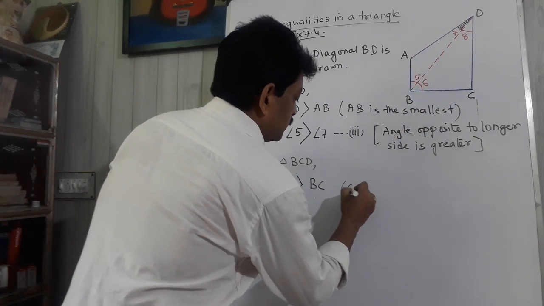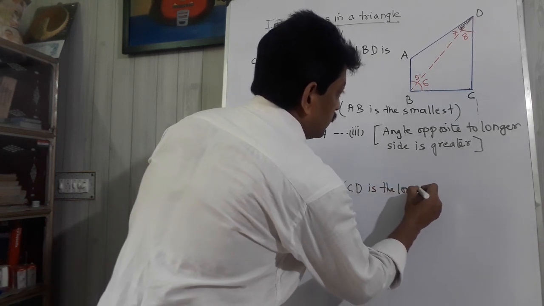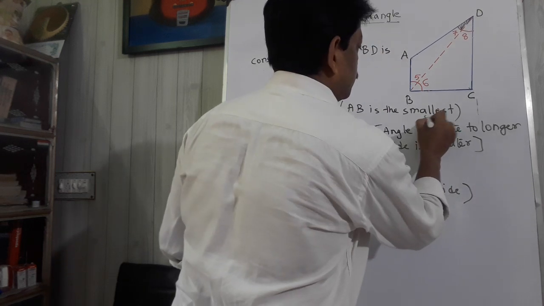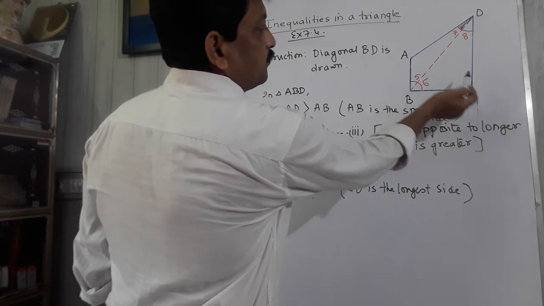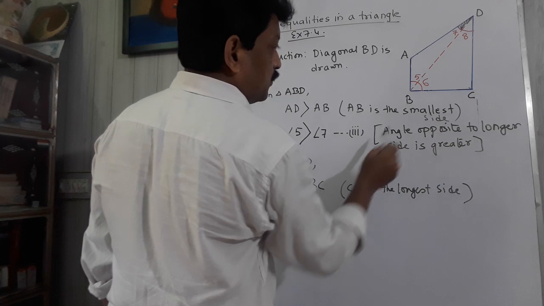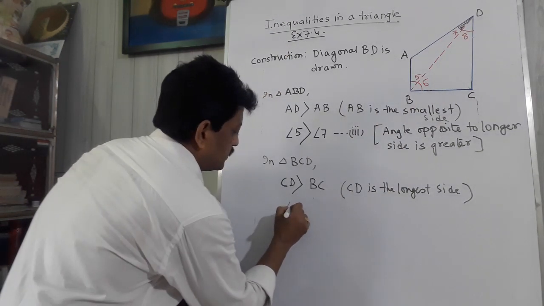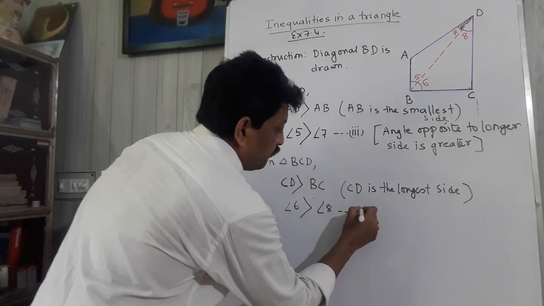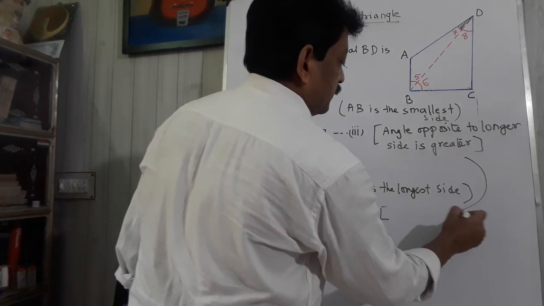So it is given CD is the longest side. Now if CD is longer, then the angle opposite to CD is 6 and BC is smaller, so the angle opposite to BC is 8. So angle 6 is greater than angle 8. This is 4, and here also we will write down the same reason.